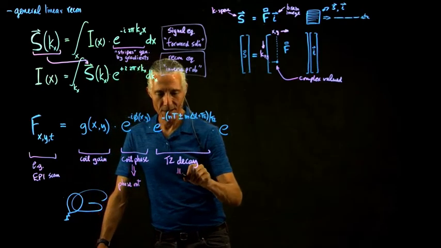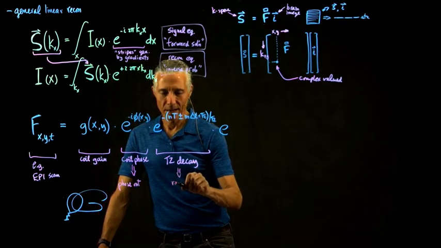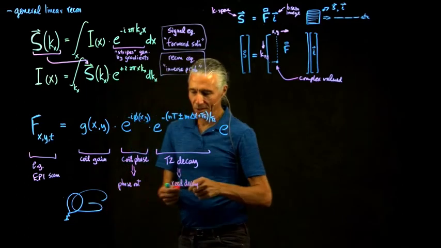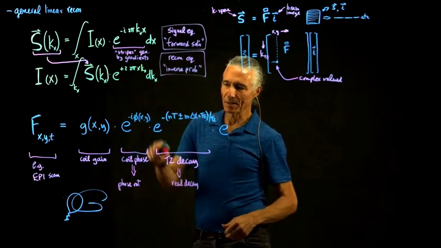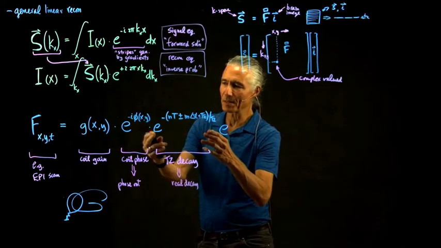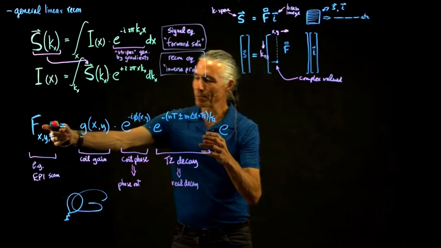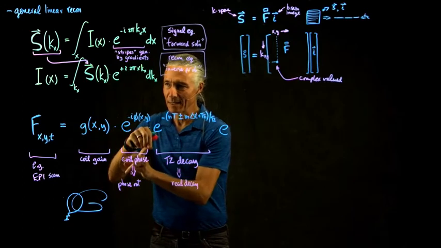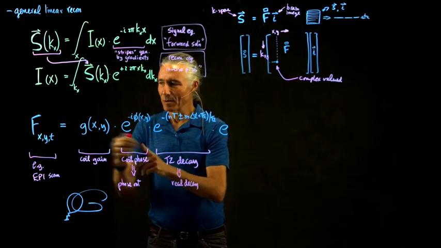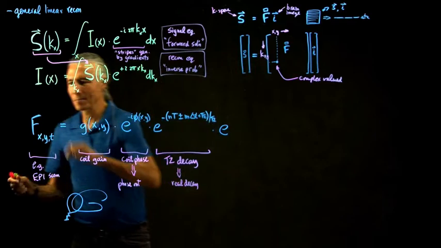Whereas this guy is just real decay. So this guy's a real number, and when you multiply by this, it makes this f smaller. When you multiply by this, it rotates the angle of the complex number. This guy's a complex number here.